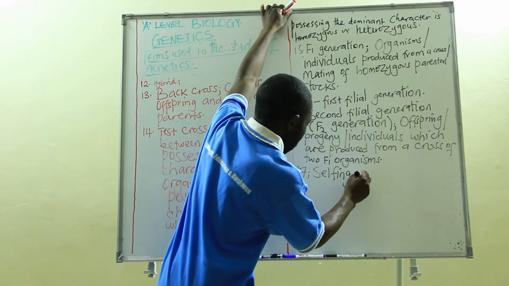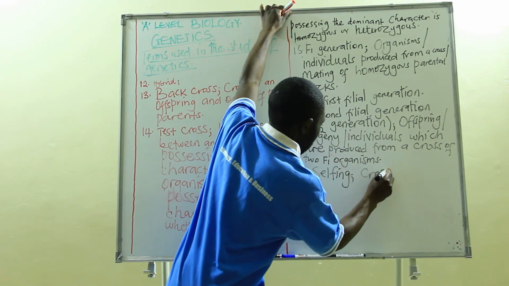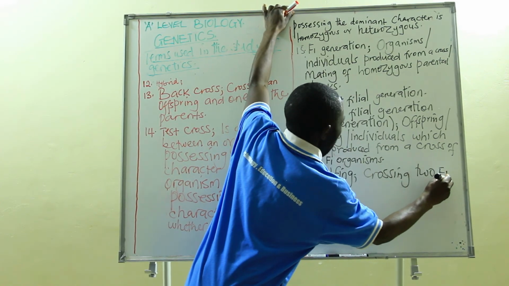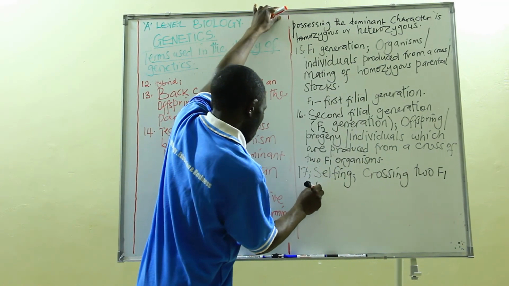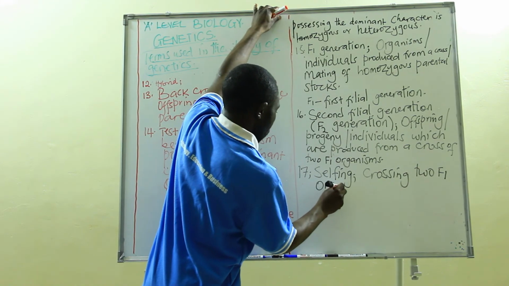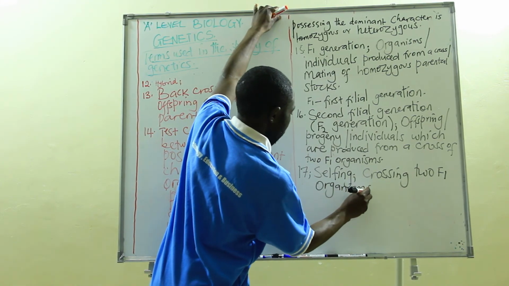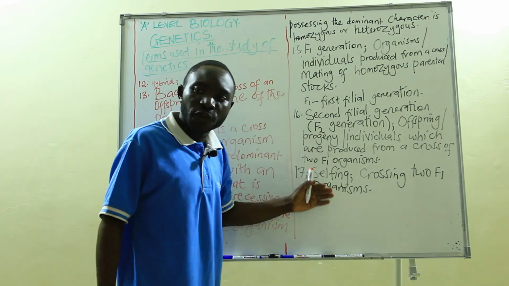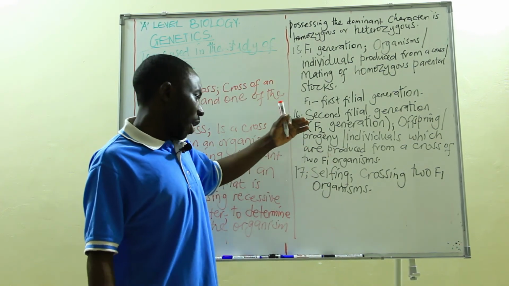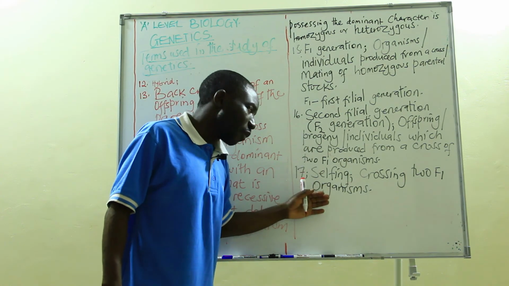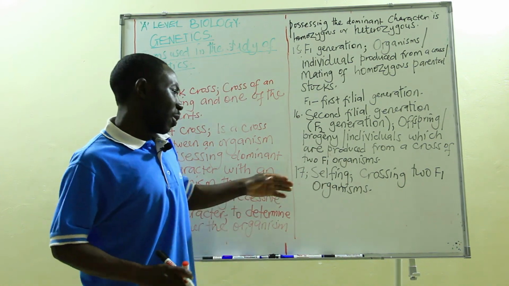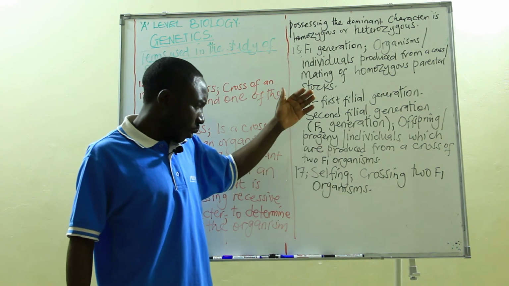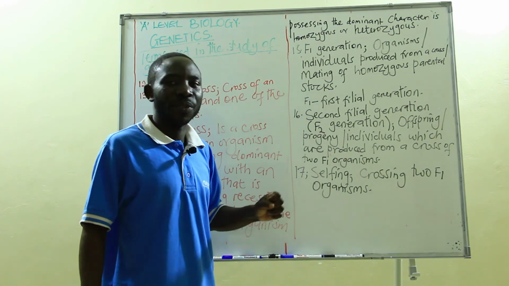It simply means crossing two F1 organisms. So if we self the F1 individuals, then we come up to the F2 generation.